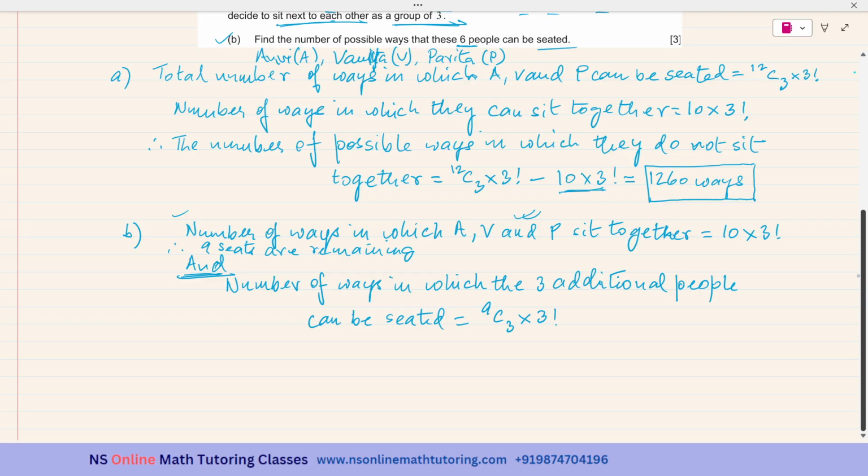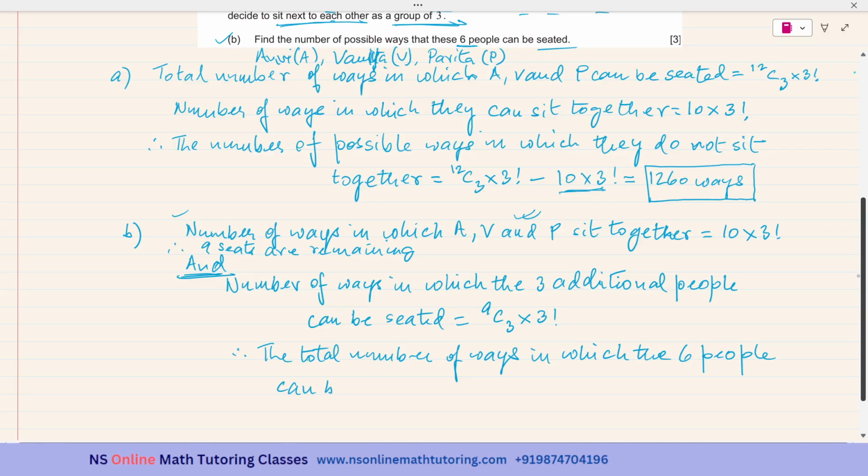Okay. So it is therefore the total number of ways in which the 6 people can be seated is equal to this one, 10 times 3 factorial, and this one.